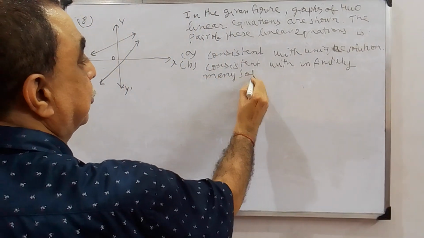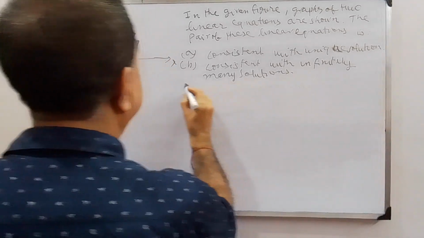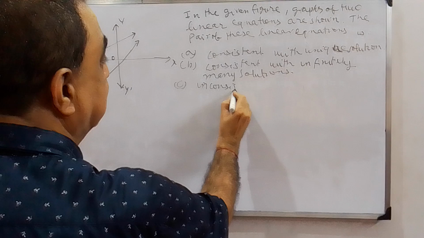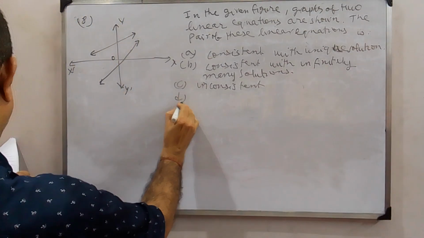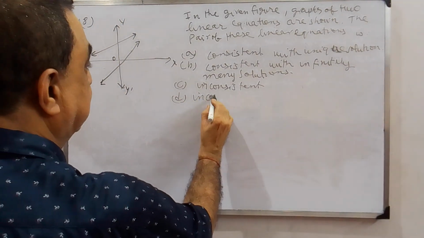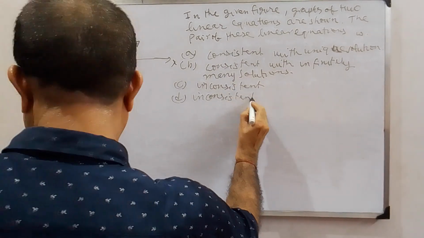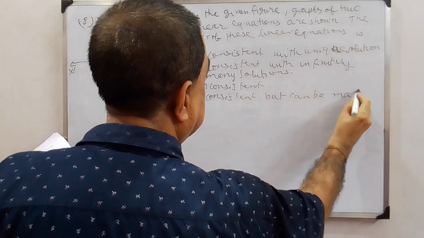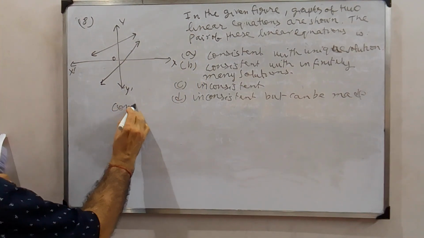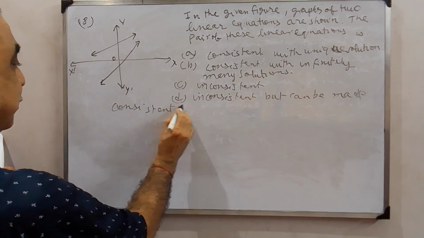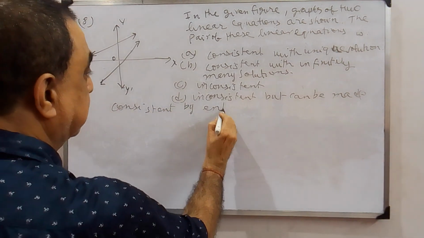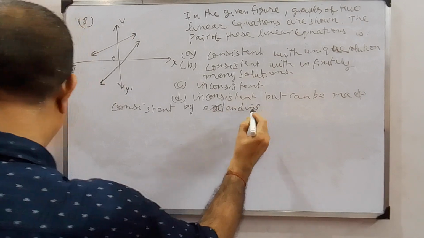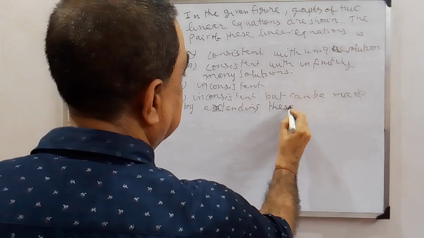And C is saying inconsistent, and D is saying inconsistent but can be made consistent by extending these lines.